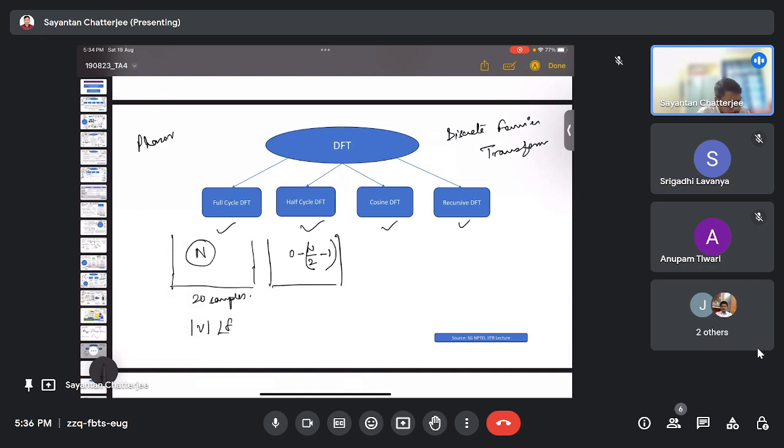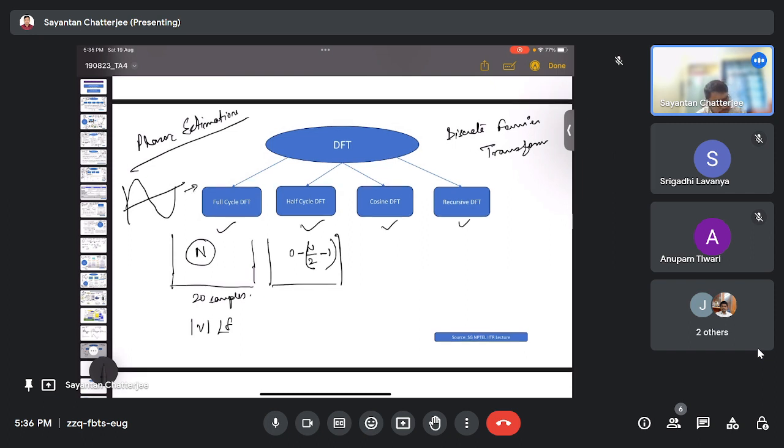These are all mainly phasor estimation techniques. If we have a full cycle, and we sample this entire cycle into 20 parts, meaning 20 samples are taken in this full cycle, then this is called full cycle DFT.